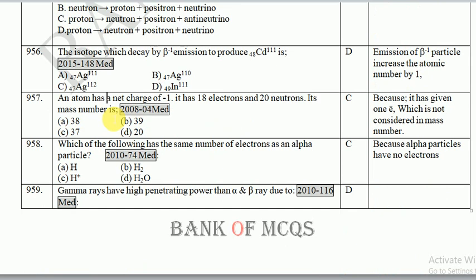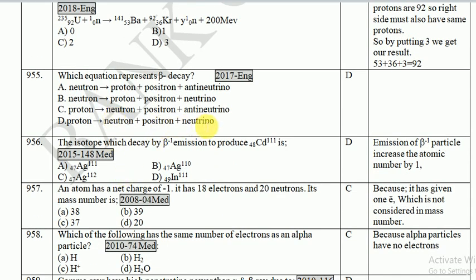So in this equation there is a neutron plus positron, so the answer is a proton forms a neutron and a positron, and a neutrino is formed with the positron. So option D is correct.